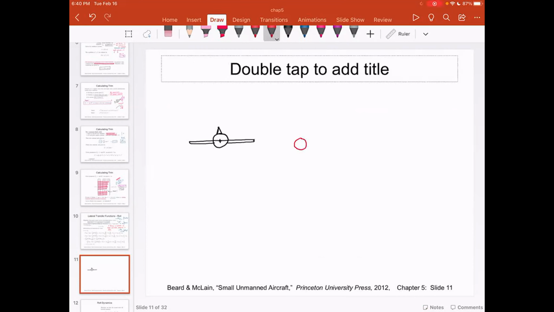If for some reason this aircraft is disturbed from its equilibrium or trim position, I want this aircraft to come back to its original position. So I want asymptotic stability in roll.